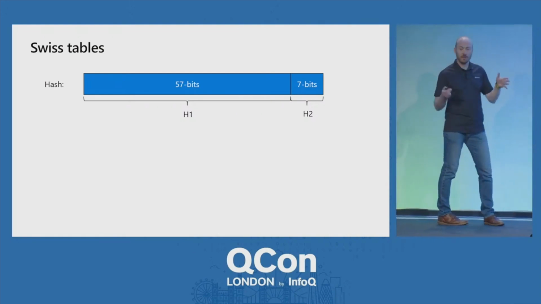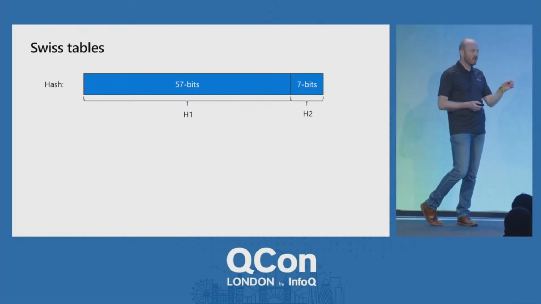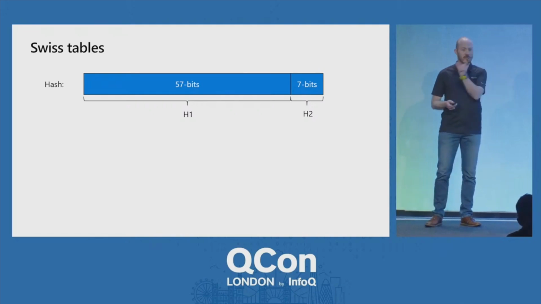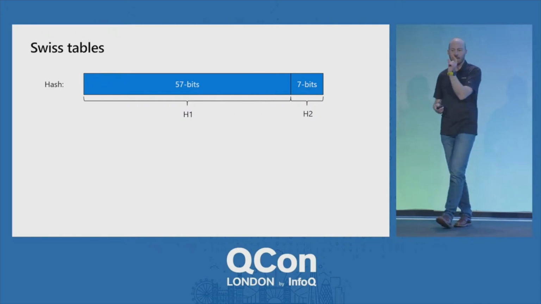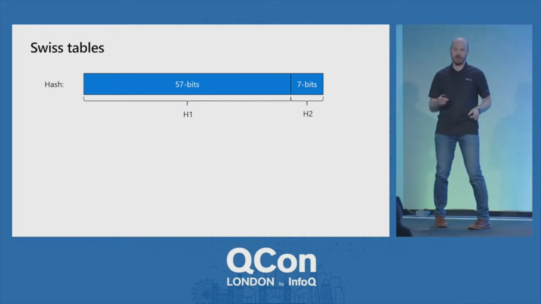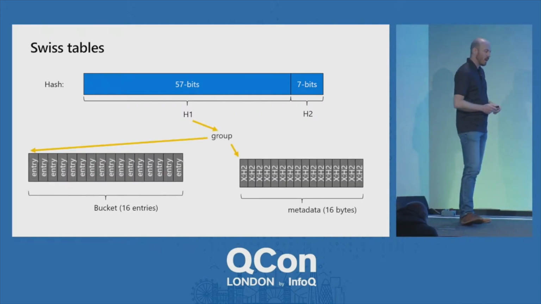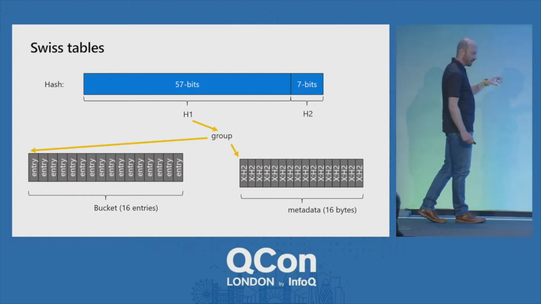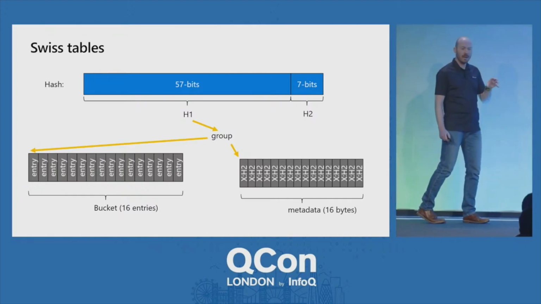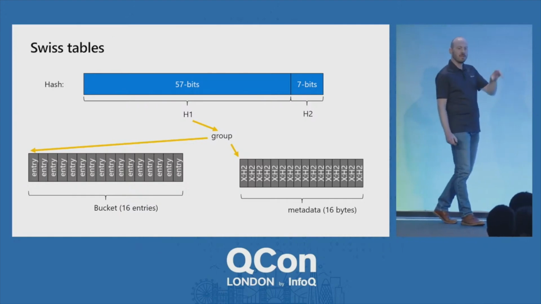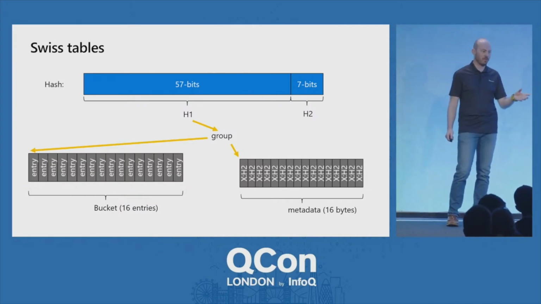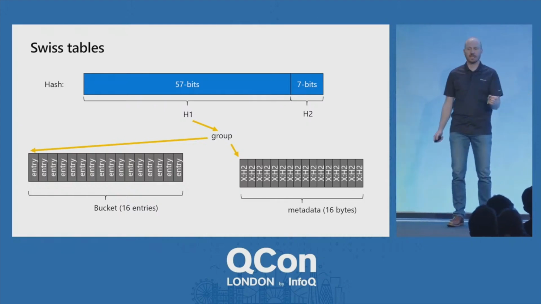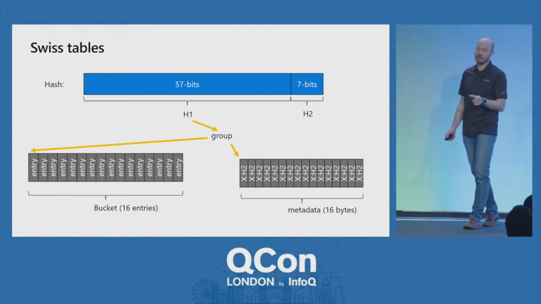It's a hash table, so we've got a hash. But what we do with that hash is we split it into two different bits. So we've got an H1 value, which is the first part of the hash, and we've got an H2 value, which is the second part of the hash. What the H1 value does is it identifies a group. And that group does two things. First of all, it tells us which bucket our entry is going to be in, the actual thing we want to find. And the second thing it does is it points us to a metadata array.